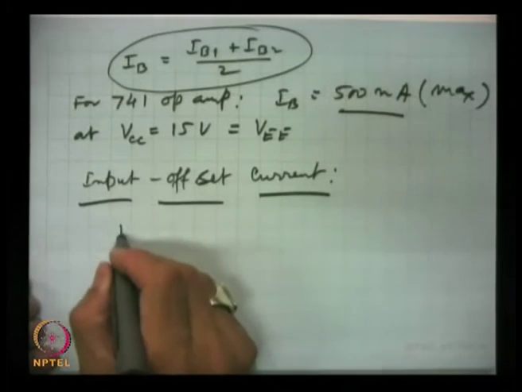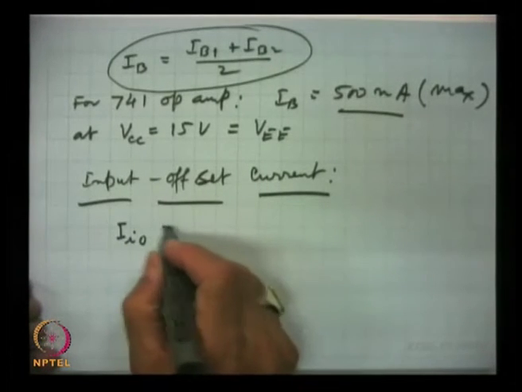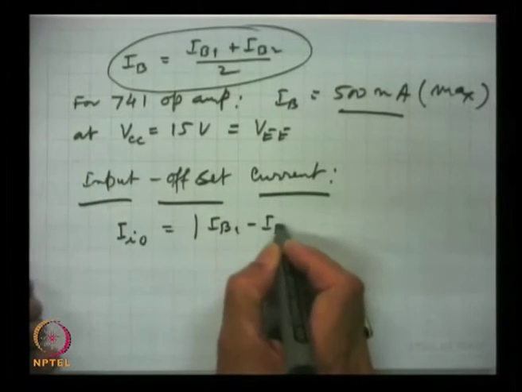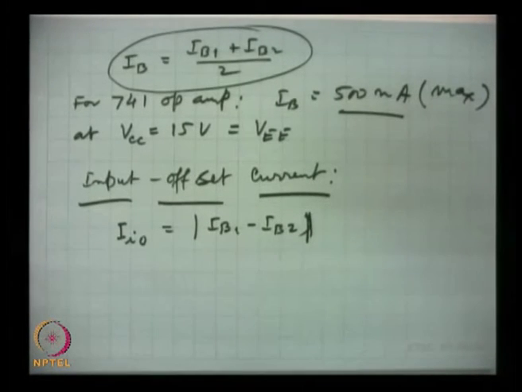So, I for input and O for offset, this is given by the magnitude of IB1 minus IB2. And we have already talked about what gives rise to these currents. This is because the two transistors which form the differential amplifier of the first stage are not exactly 100% identical. They are not perfectly matched.